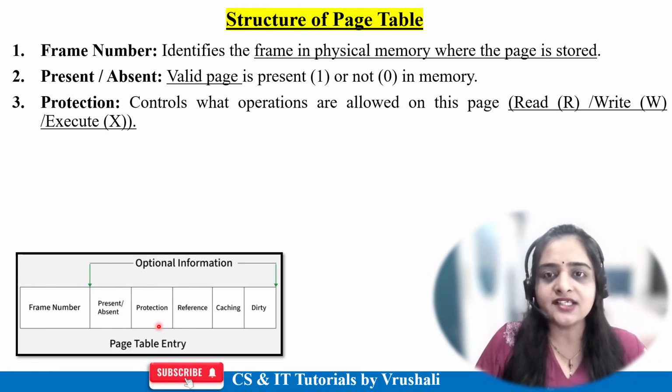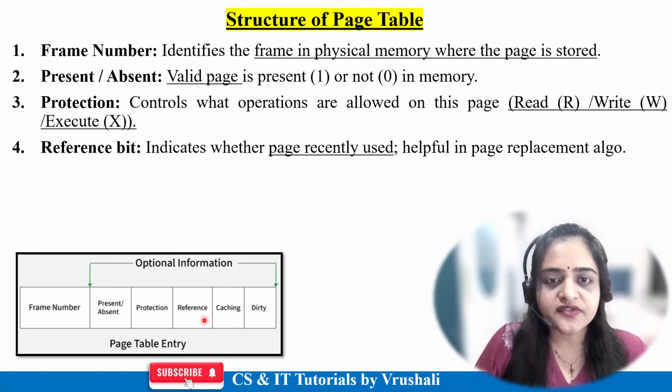So this is called protection. Read is indicated by R, write by W, and execute by X. So read, write, execute is called protection, so that unauthorized users cannot access that particular process.